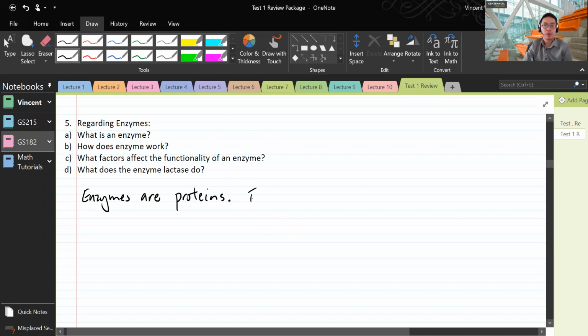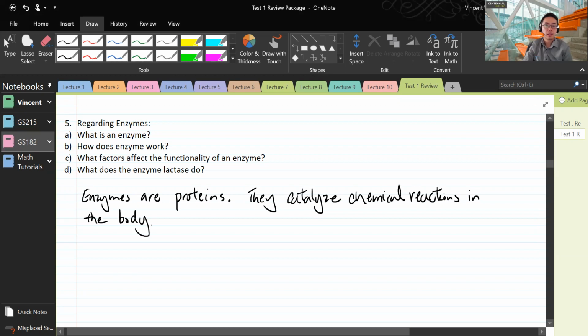They catalyze chemical reactions in the body, by lowering the activation energy. So this answers both A and B, right?